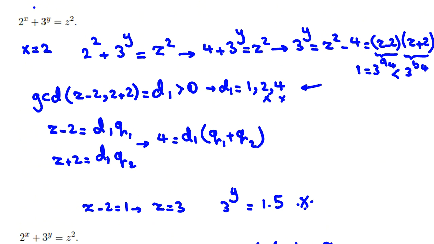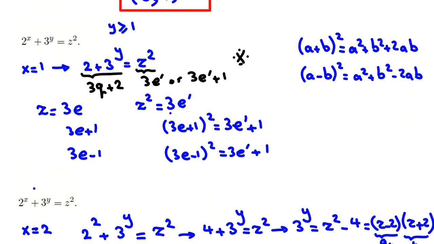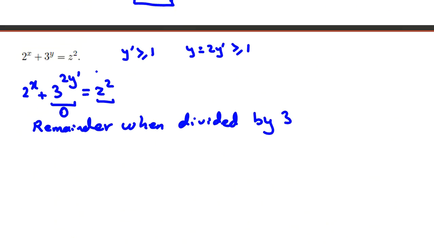We've considered that. We said z is 3 plus 1 or 3 minus 1, so the remainder is 0 or 1 always. So the remainder of the right side is 0 or 1. Now 2^x, the remainder when divided by 3: the first one 2, the next one 4, 2 to the 2.